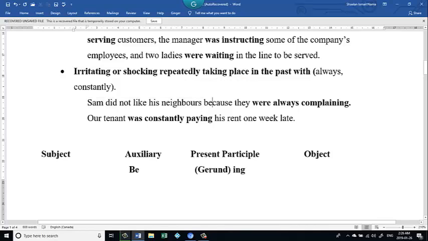If you look at the second sentence from here, this is past continuous, because they have was, they have always, they have the ing form. Then we connect these sentences with a conjunction. We add this "because" to give the reason why Sam doesn't like his neighbors: Sam did not like his neighbors because they were always complaining.